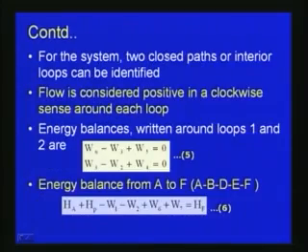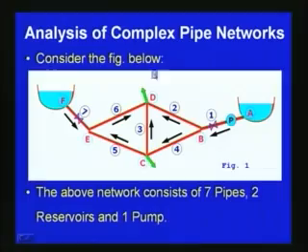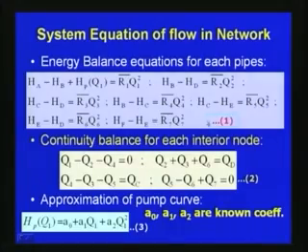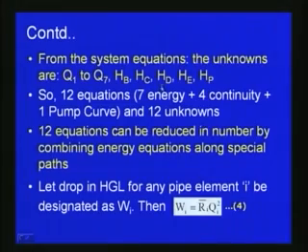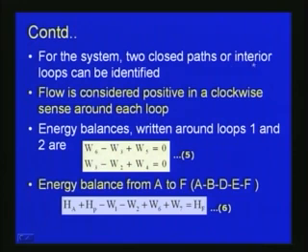Now for the system you can see that there is a possibility of 2 loops, one is this loop and another one is this loop. So 2 closed paths or interior loops are identified, and flow is considered positive in a clockwise sense around each loop. So we consider the flow to be positive clockwise, and anti-clockwise we consider as negative.